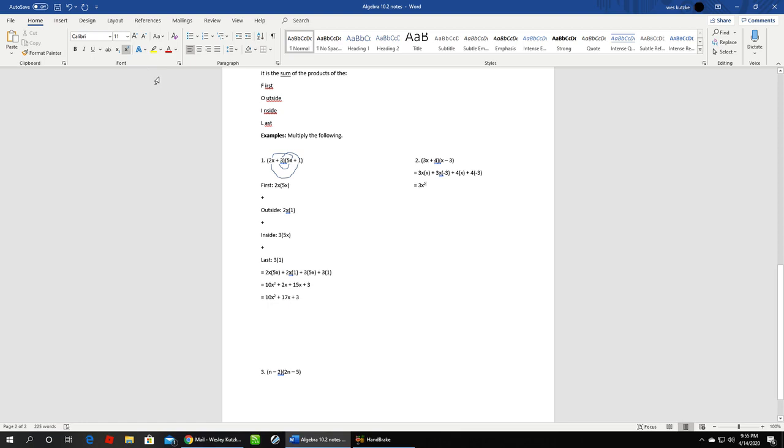X squared plus negative 9 now. X stays 4x, because 4 times x is just 4x. And then the negative 12, right? Last step, again, combine any like terms you see. In this case, if it's in the right order, it should always be in descending order.